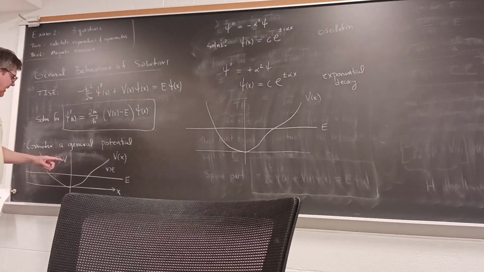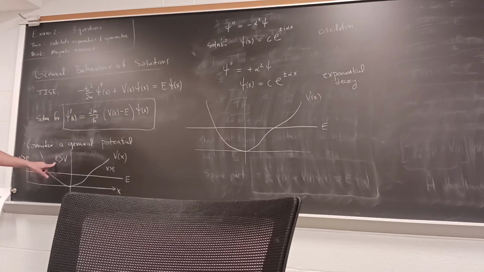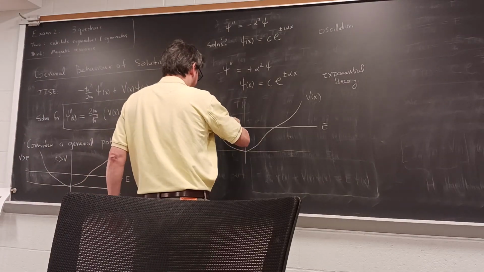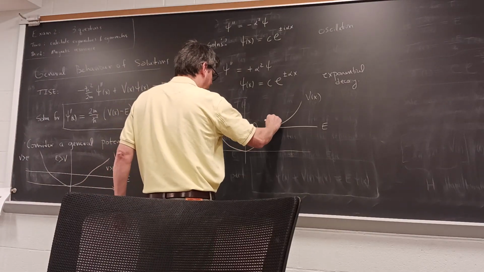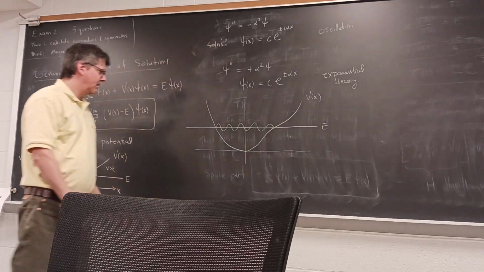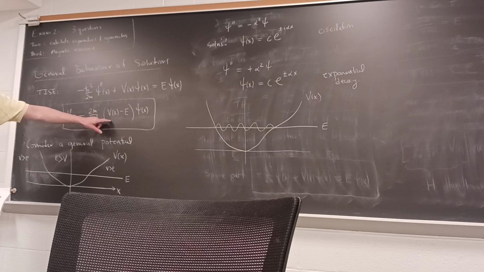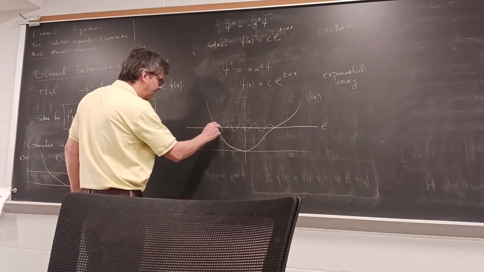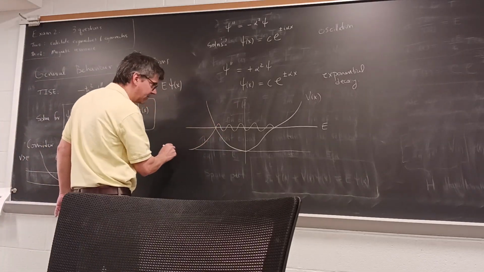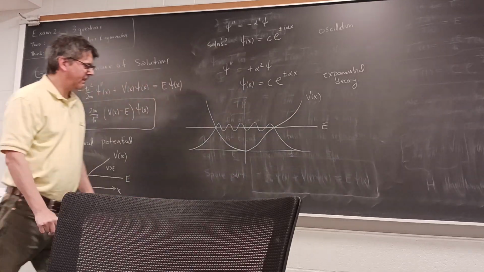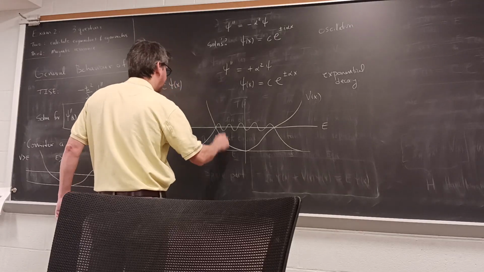The coefficient will be negative when E is greater than V, that's in here. That's when it oscillates, so in here we have oscillation of the wave function. And then when V is greater than E, this thing is positive and we have exponential decay, and so the wave function just does this. So this is psi of x.